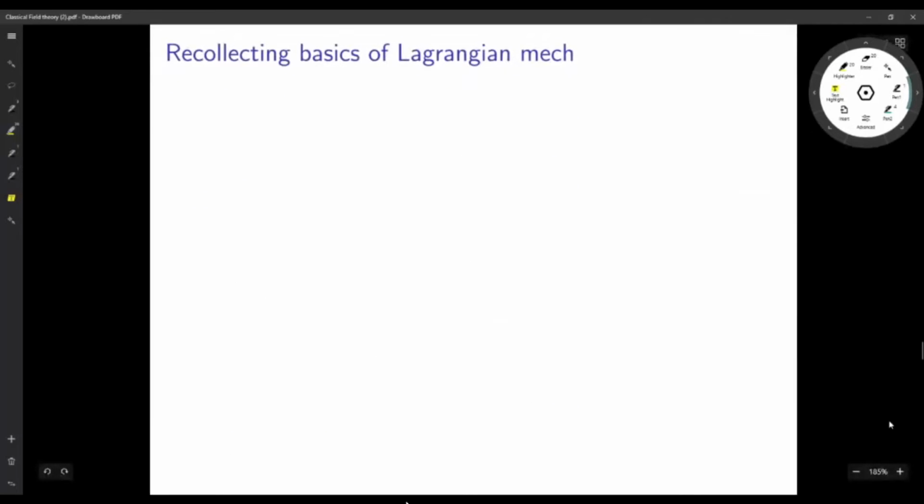I'll start with just recollecting the basics of Lagrangian mechanics. We have this scalar called the Lagrangian, which is defined as the difference between the kinetic energy and the potential energy. And here's the deal: if I have a system that's described this way, the path taken by that system is given by this integral when it's equal to 0.